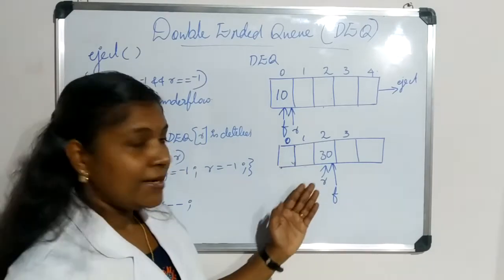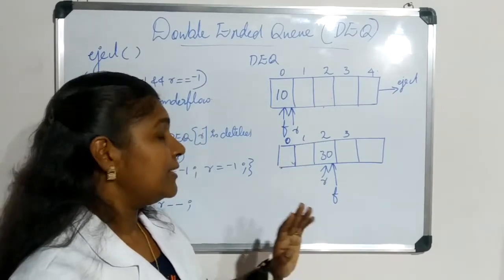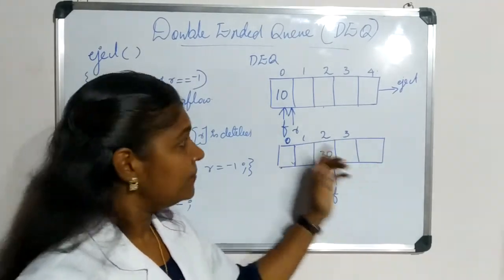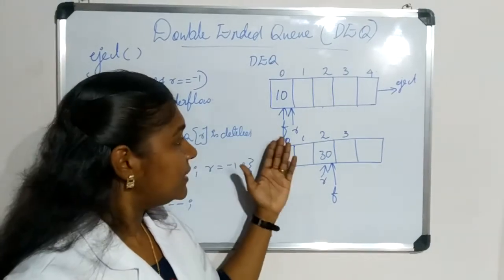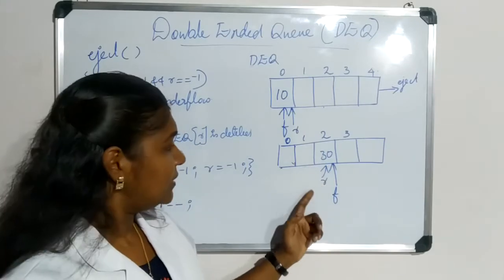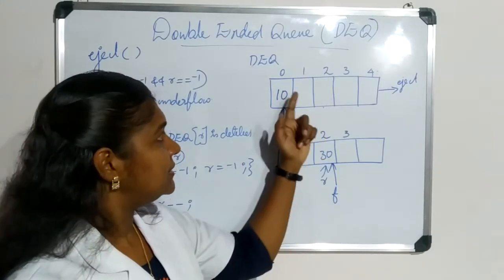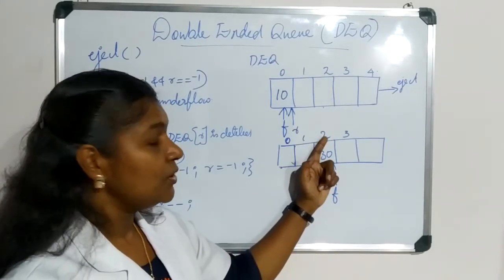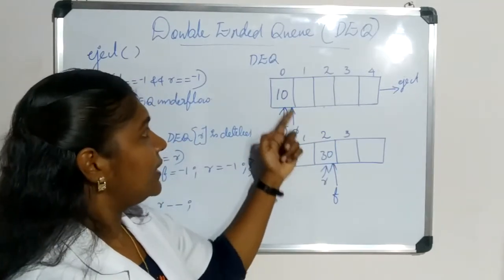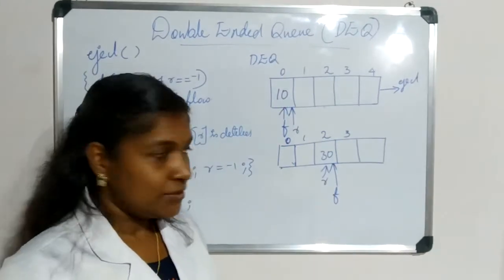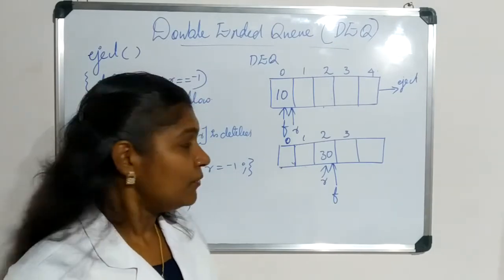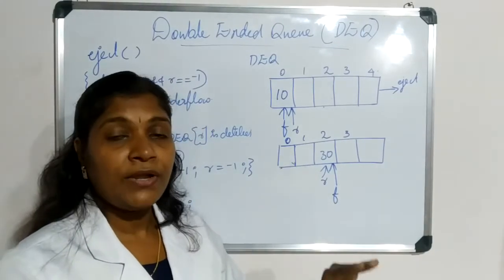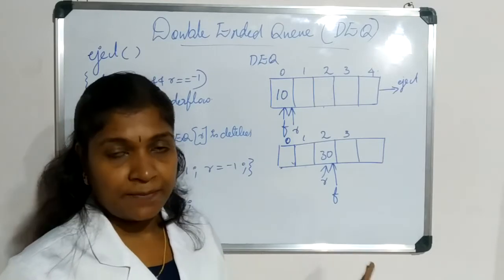So this can be at any location, but regardless of the location, what is the important thing we can notice? Whenever it is pointing to a single location, the value of front and rear is the same. Here F and R are pointing to position 2. Here F and R are pointing to position 0. So if there is a single element in the double-ended queue, then the value of front and rear would be the same.